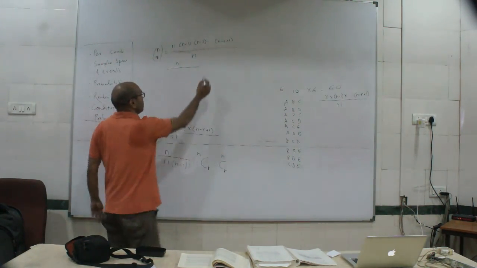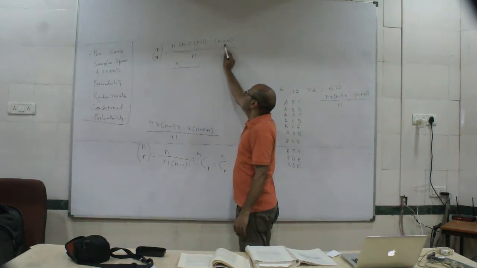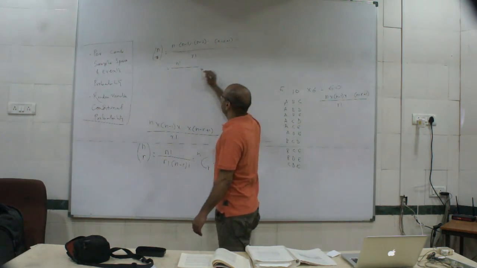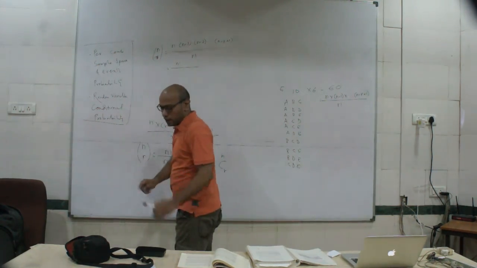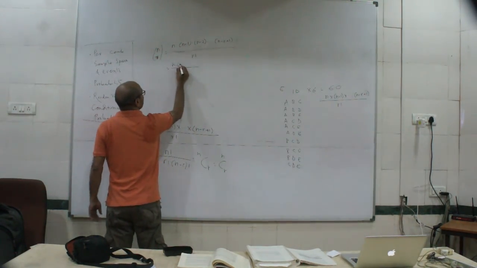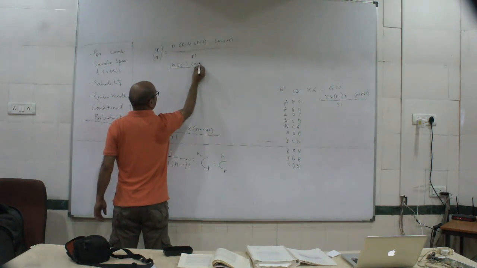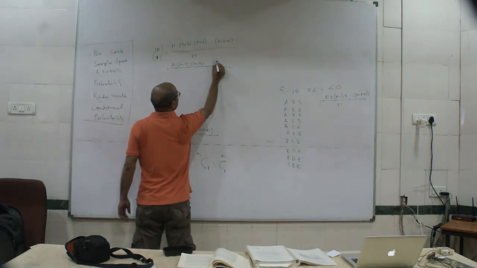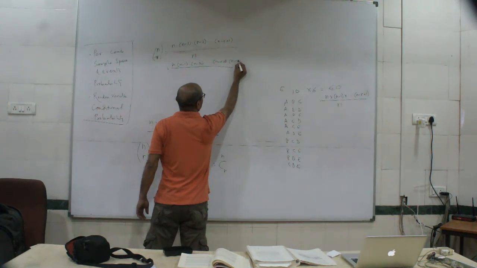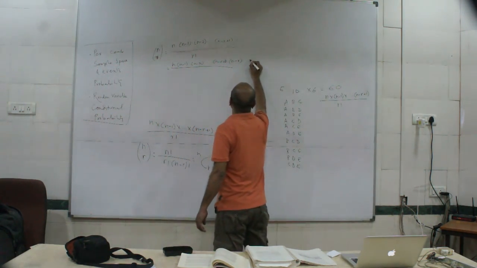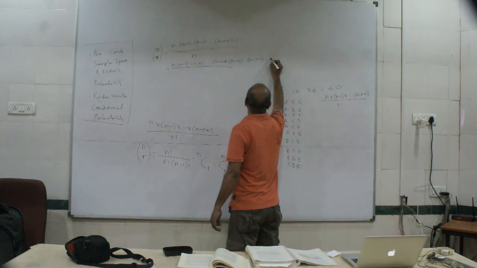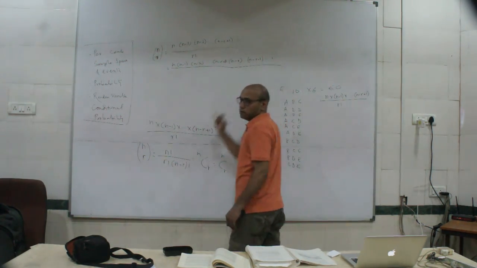So this is n minus r plus 1. If I write n factorial as the numerator, it would be n into n minus 1 into n minus 2 up to n minus r plus 1 into n minus r into n minus r minus 1 up to 1.